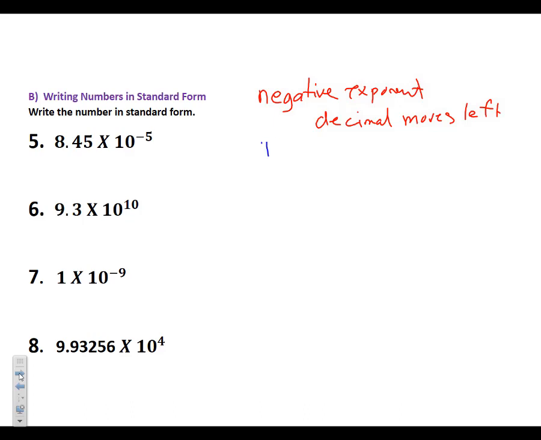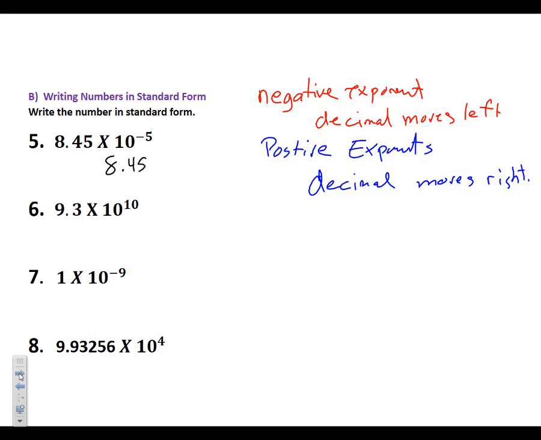Positive exponents move the decimal right. It just so happens that they move left or right the same number of places equivalent to the integer in the exponent. So if we're looking at 8.45 times 10 to the negative fifth, I'm going to rewrite that number.